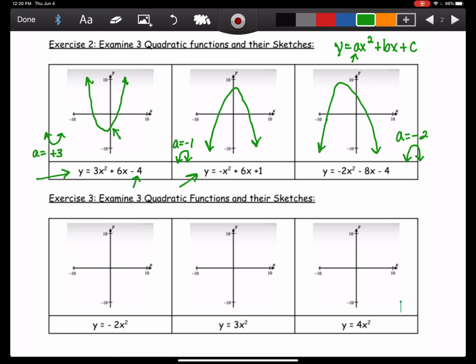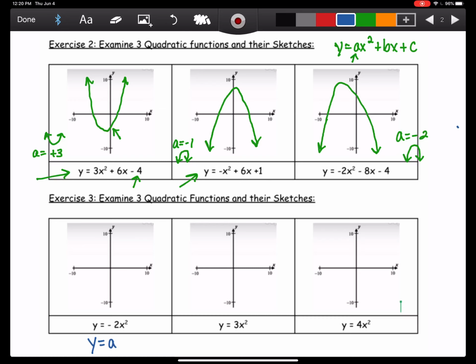So, next step. Exercise 3. Now notice, all of these are going to have a very interesting outcome because they are all very basic parabolas. So let's think about the formula here.